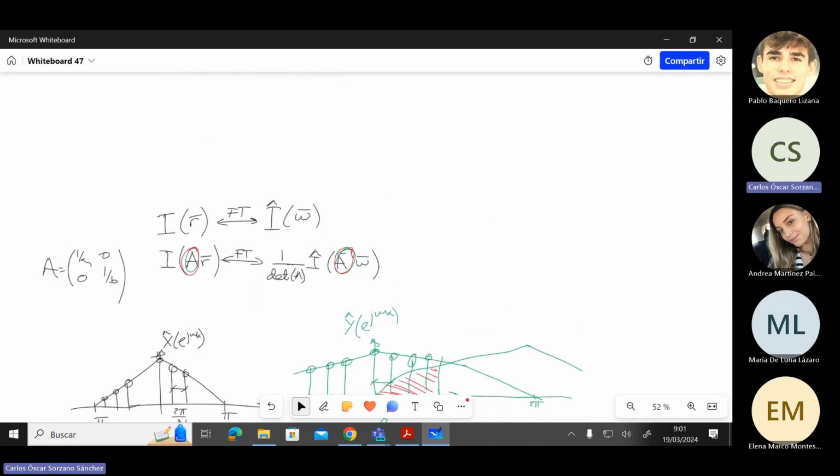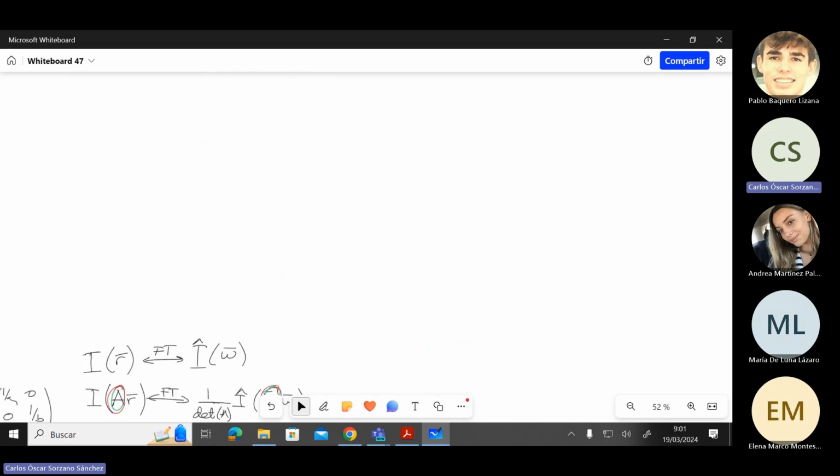So now we are with images. So our spectra. Say that this is the 0, 0 frequency. This is omega x, this is omega y.